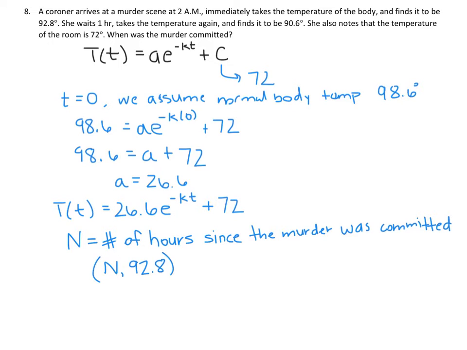And then, an hour later, which we can call N plus 1, the body temperature was 90.6. So we can think of these as two different points that have to satisfy this equation that we've come up with. And we're going to use these to create two equations to allow us to solve for N.